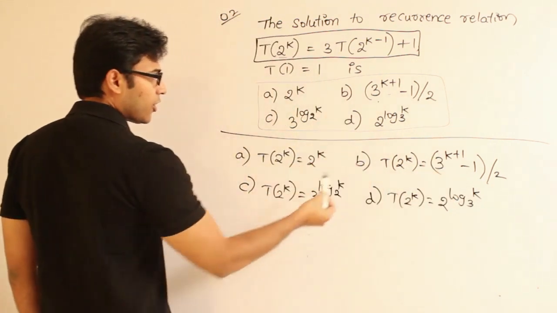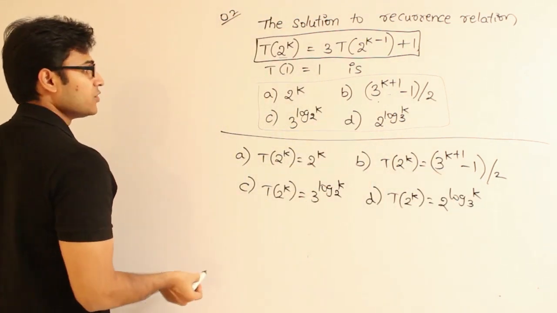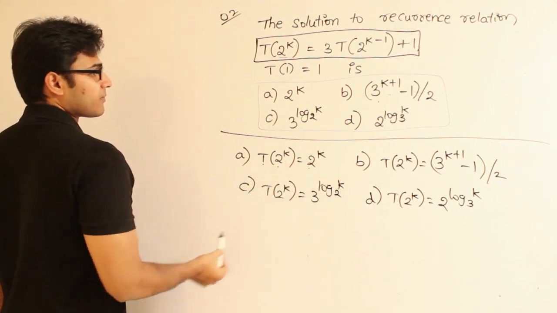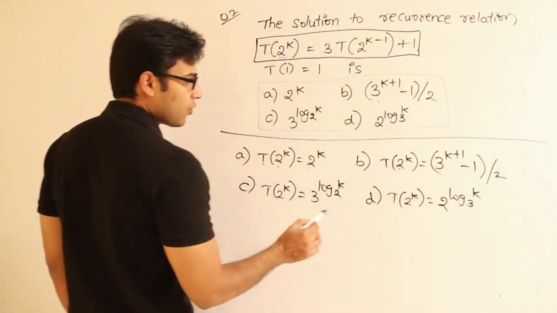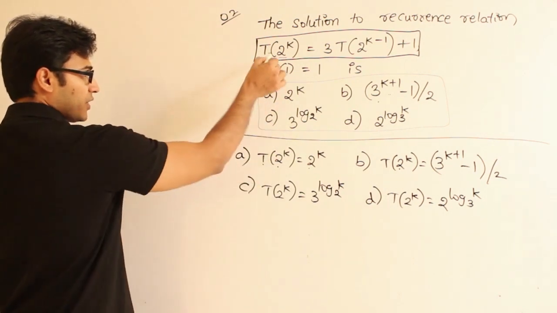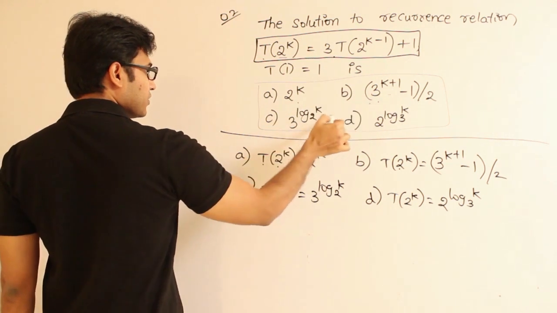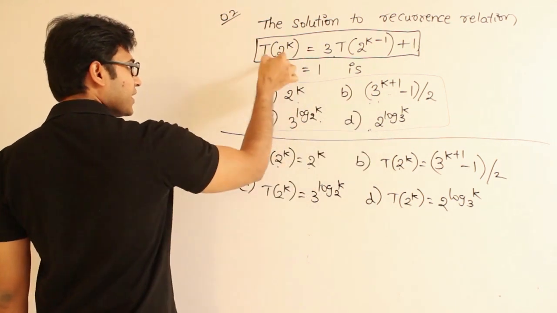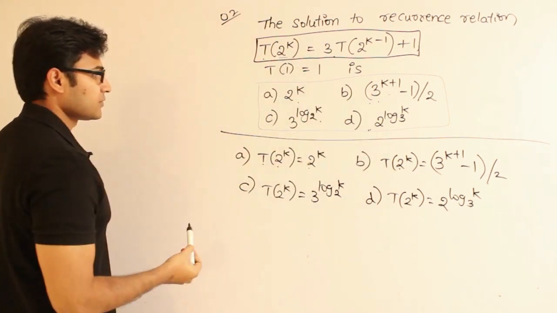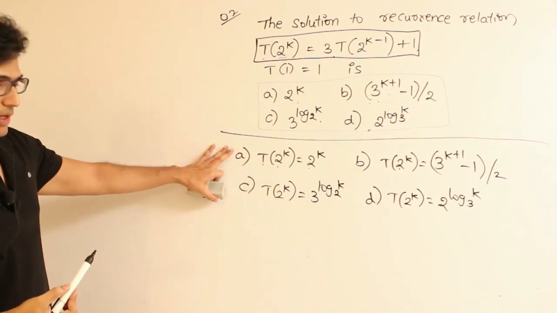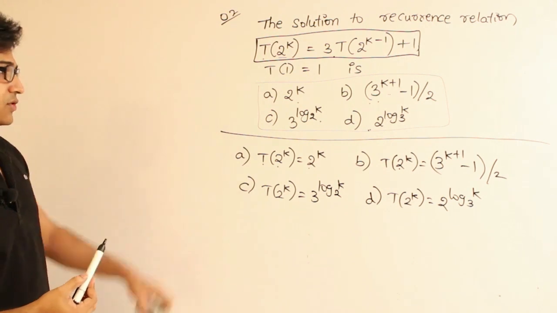Why am I writing all the options again is, many people get confused and they try to write T of k equal to this one. No, it is not right. If you are trying to solve this recurrence equation, and if it is given that the recurrence solution is this, it means that the left hand side is equal to one of them, right? It is not that T of k equal to one of them. Now if you can understand this, you can directly use the substitution method and solve it.